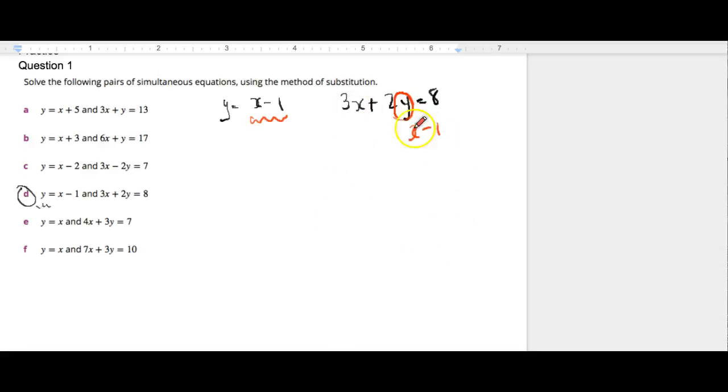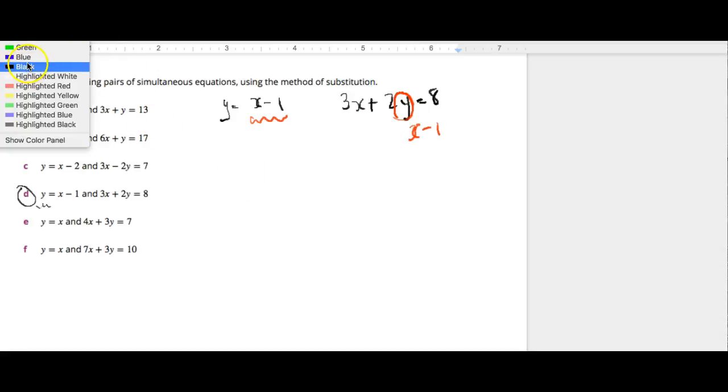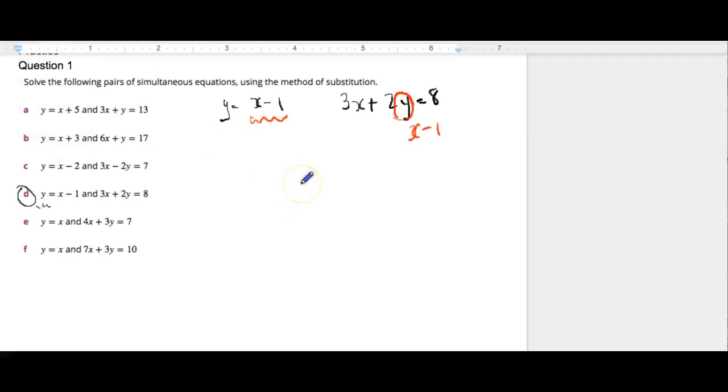So when we rewrite this second equation, instead of having 3x plus 2y, we can write 3x plus 2, and instead of the y, I'm going to put in brackets x minus 1, equals 8.